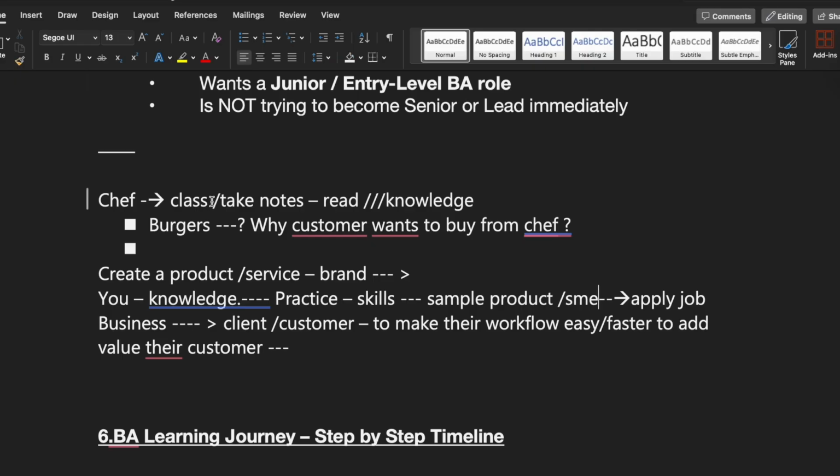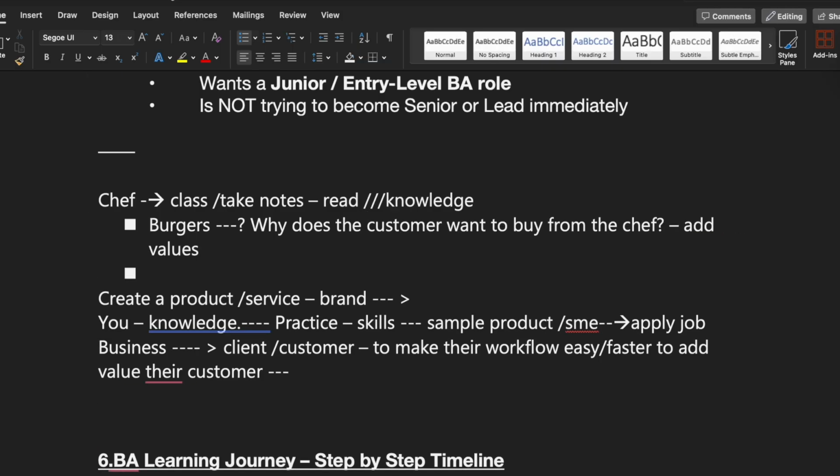So how to build a sample product or service? You have to be an SME of what? In the chef example, this chef can learn to cook many things: Chinese, pasta, Italian, burger, pizza, anything, right? But he specialized in only one thing, burger or some fast food item. He will cook more burgers for family and friends, and they give feedback. Wow, it's really good.